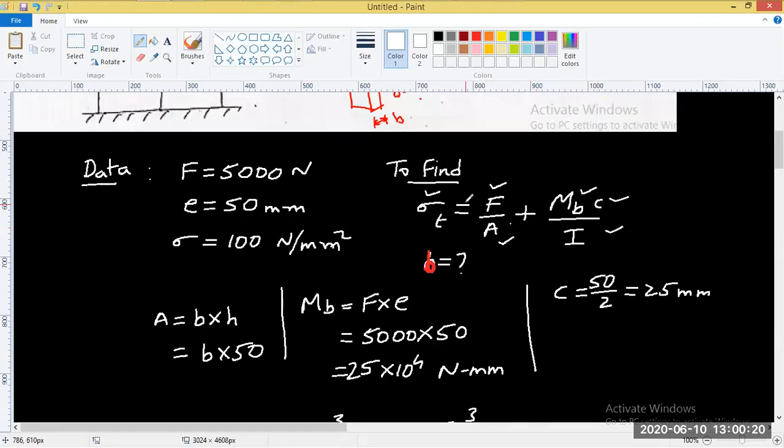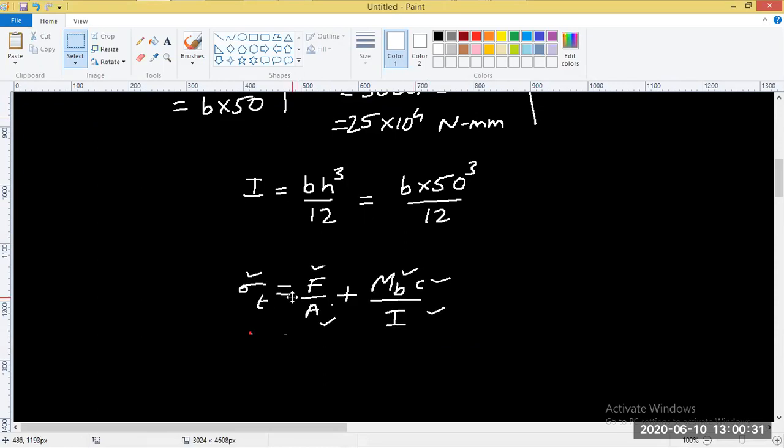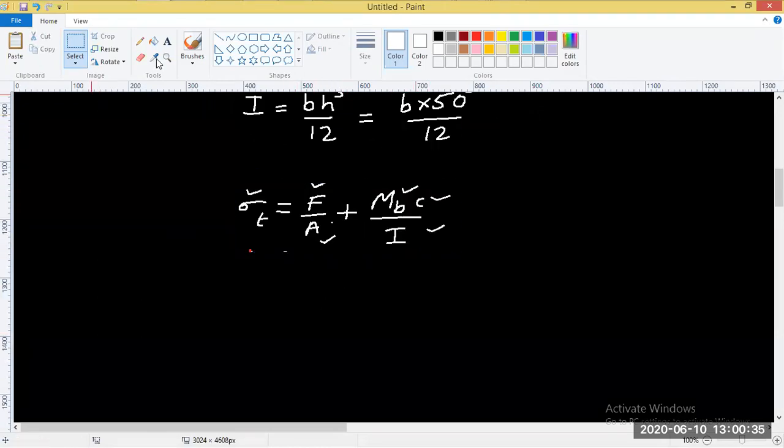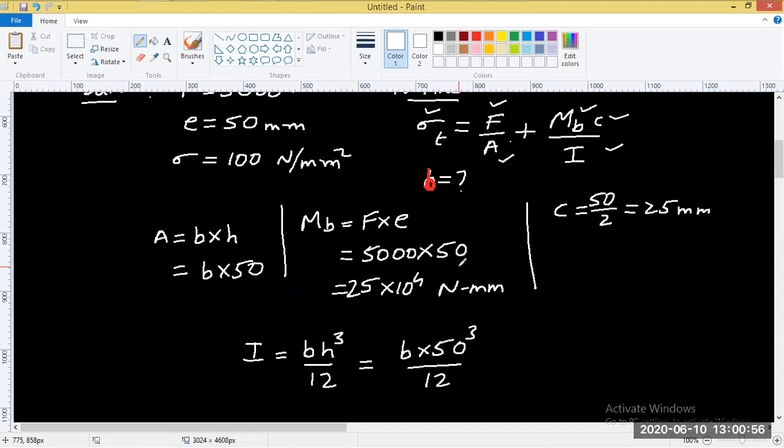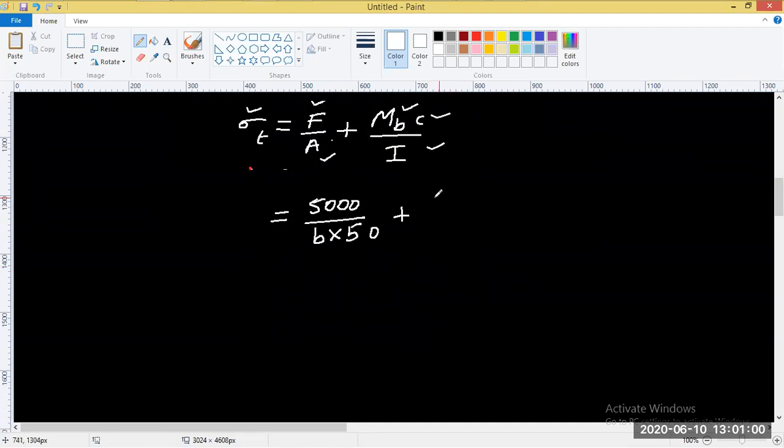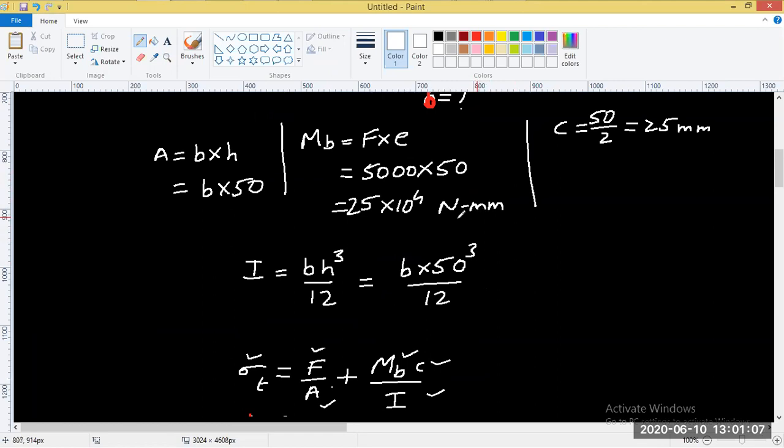So now since we have everything, let's just use this and find the value of B. Let's start substituting. So this is equal to force, which is 5,000 newtons, by area, which was B into 50, plus bending moment, 25 into 10 power 4, divided by I, the moment of inertia, B into 10 power 3 by 12.